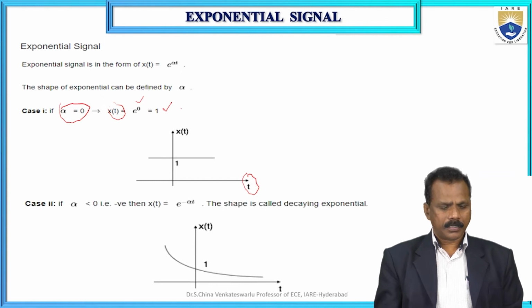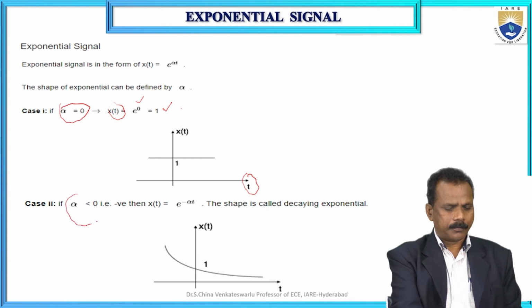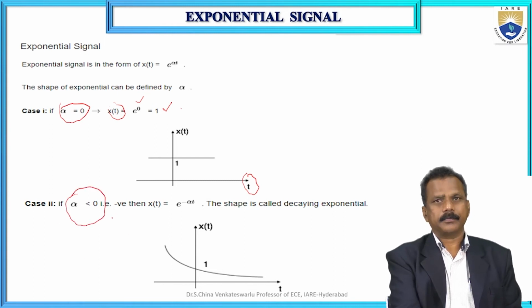Next, coming to case 2, where alpha is less than 0, that is negative. Then the exponential signal is x of t equal to e power minus alpha t.